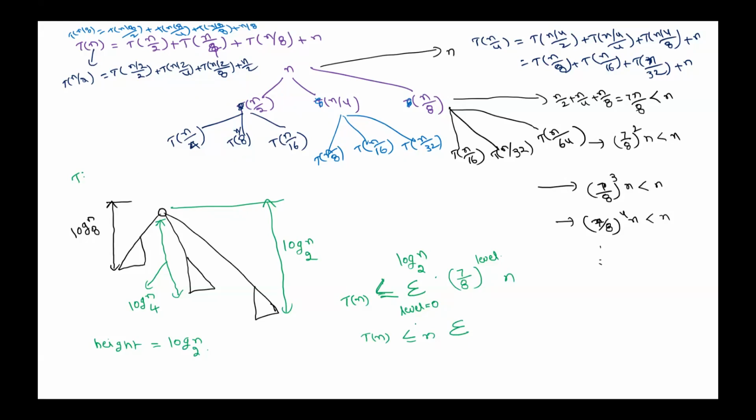It is independent, not based on the level 0 to log n base 2, 7 by 8 whole power level. Is this correct? Can we say that this is strictly less than sigma level equal to 0 to infinite, 7 by 8 whole power level?